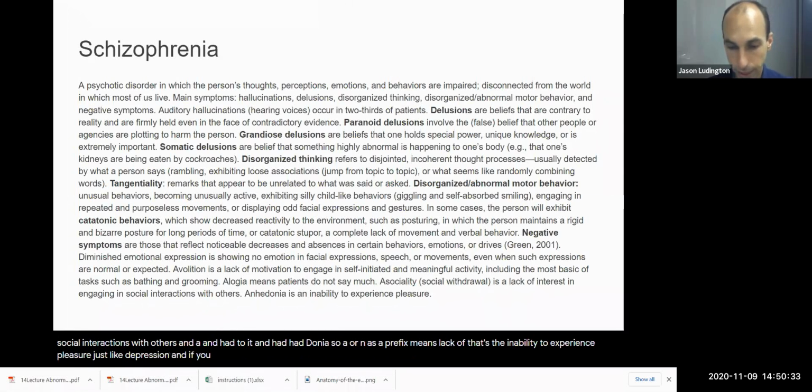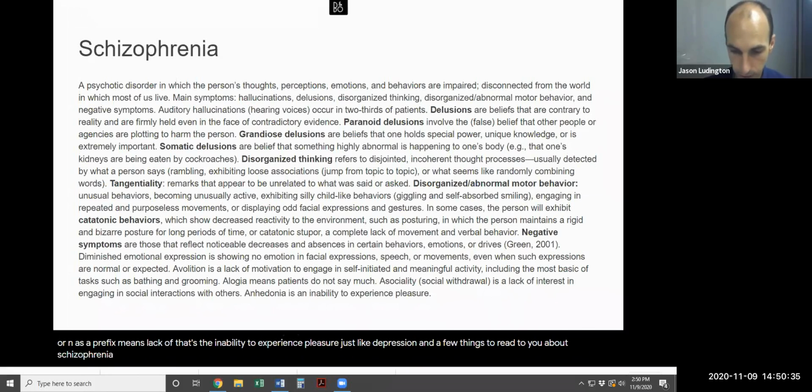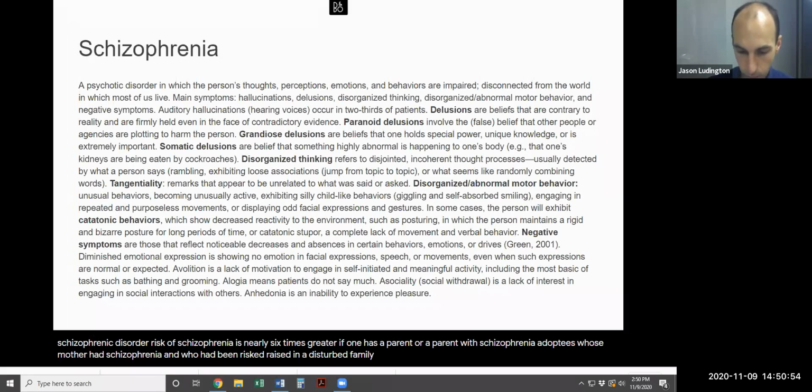And a few things to read to you about schizophrenic disorder. The risk of schizophrenia is nearly 6 times greater if one has a parent with schizophrenia. Adoptees whose mother had schizophrenia and who had been raised in a disturbed family were more likely to develop schizophrenia or another psychotic disorder than those who were raised in a healthy environment.